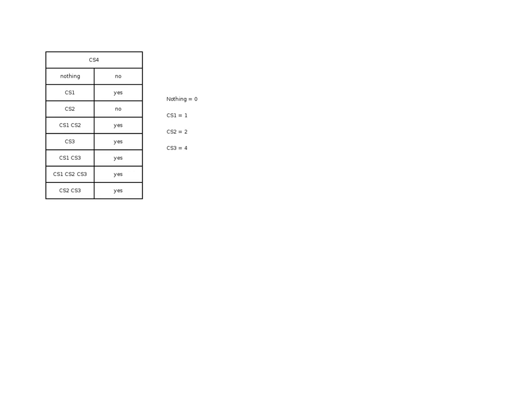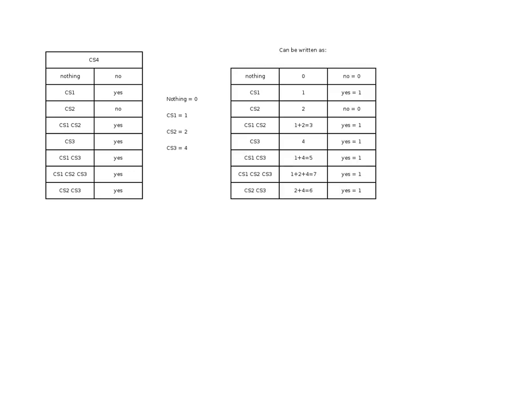We can write nothing as 0, CS1 as 1, CS2 as 2, CS1 and CS2 as 1 plus 2 equals 3, CS3 as 4, CS1 and CS3 as 1 plus 4 equals 5, CS1 and CS2 and CS3 as 1 plus 2 plus 4 equals 7, CS2 and CS3 as 2 plus 4 equals 6. We can represent yes as 1 and no as 0.